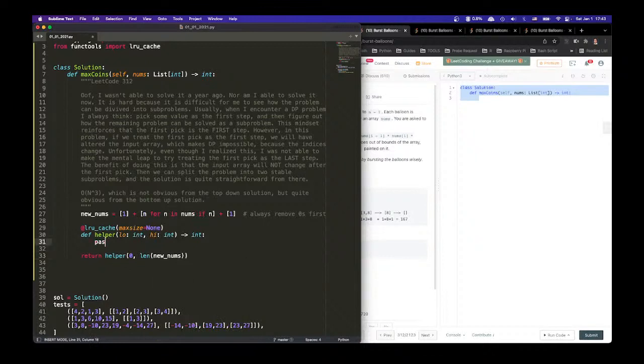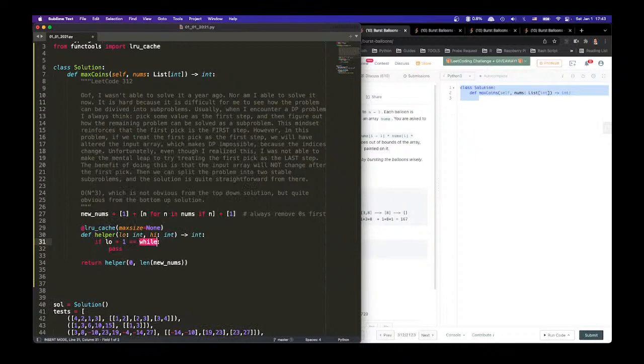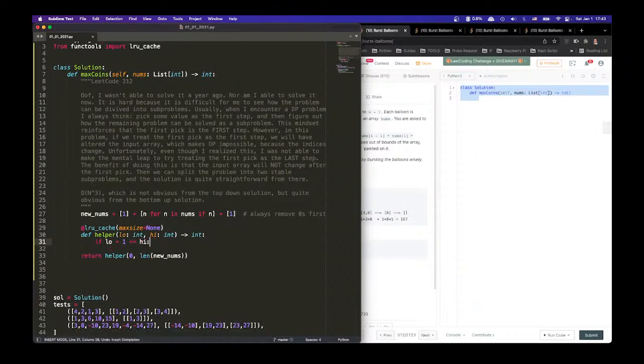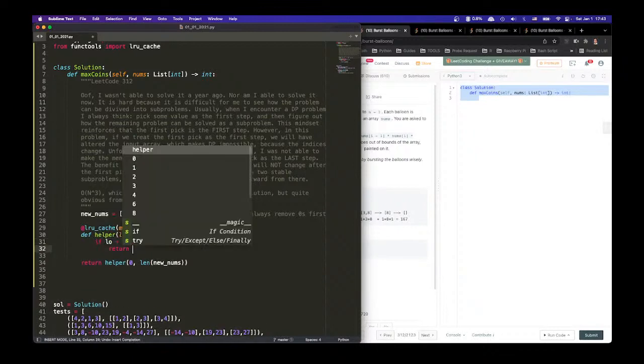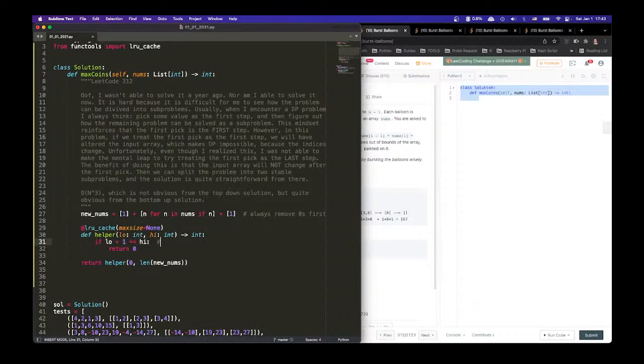So what do we do? First of all, if low plus 1 equals high, we return 0. Like I said last time, we only have guards in this range, no value, no number.